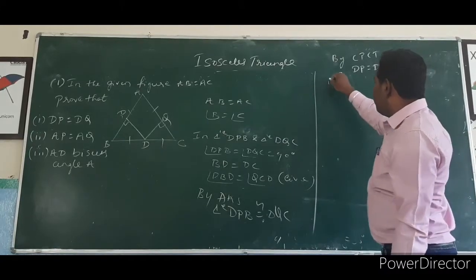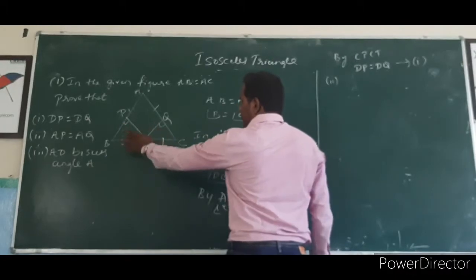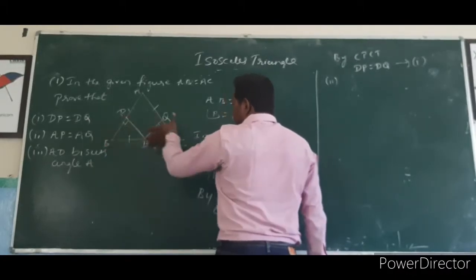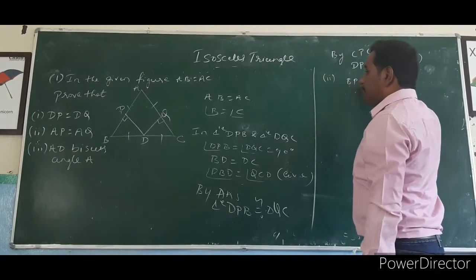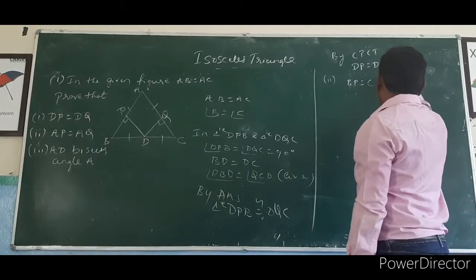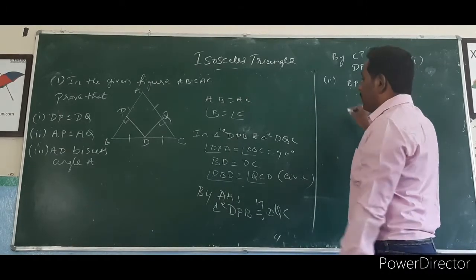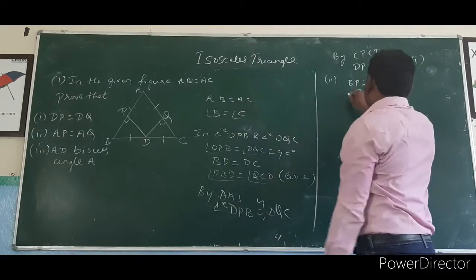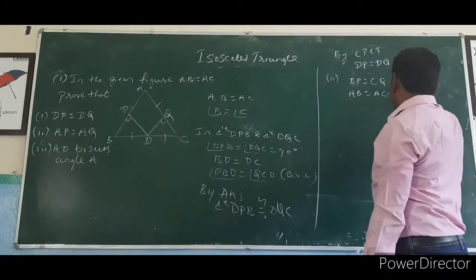For the second one, if these two triangles are congruent, the corresponding parts are also equal. That is, BP is equal to CQ. Consider this equation number 1. We know that AB is equal to AC. This is equation 2.